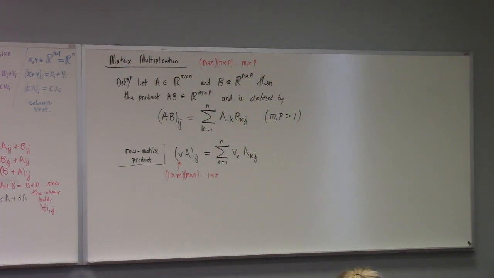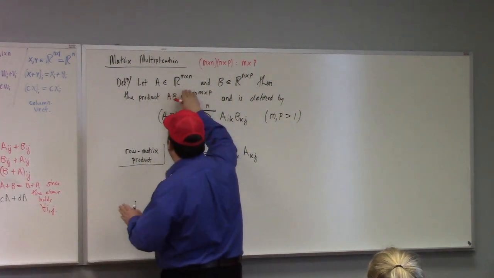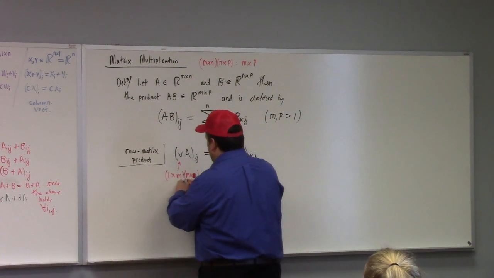So if I do these carefully, the summation should be over the numbers which match up in the row and column dimensions that are up against each other. I said A was m by n up here, right? So I'm kind of stuck with that m there.